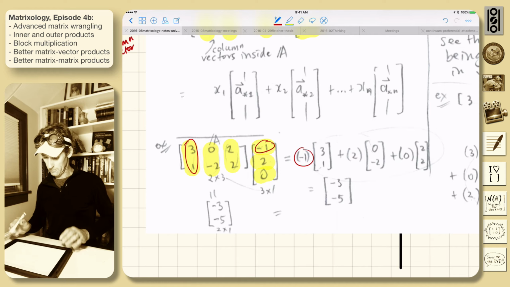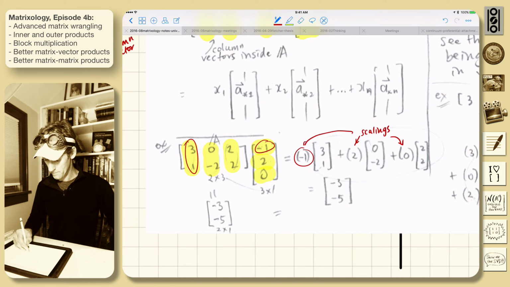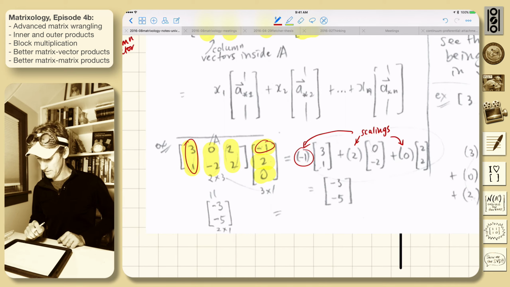So that makes sense. Now we've got columns and we're scaling them. These columns, which I'd like you to think of as maybe musical sounds, are being turned up and down in volume, and we're adding them together. We're just adding these multiples of columns, so we end up with the same size, and we get this -3, -5, which was the first part of that product.